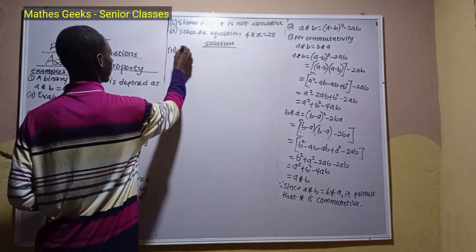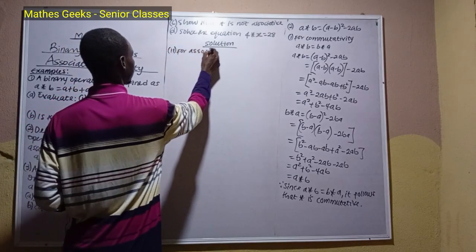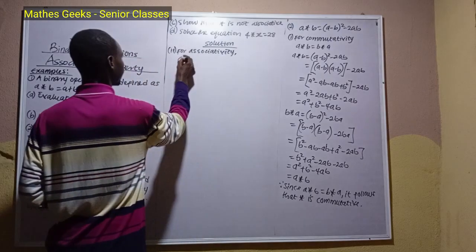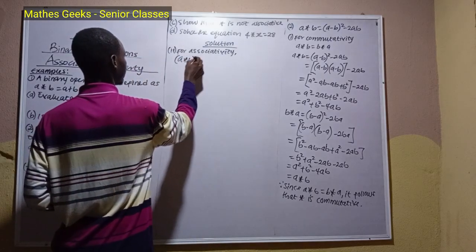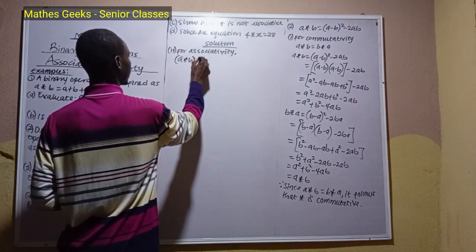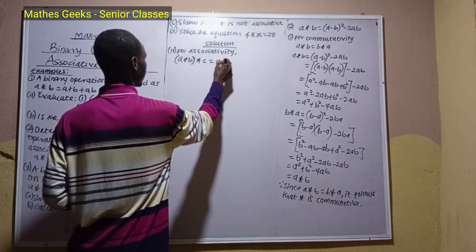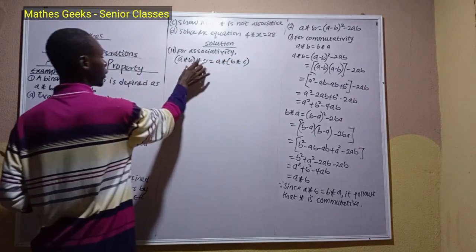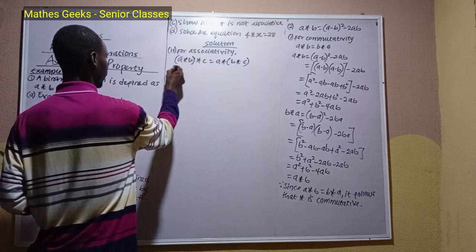Now for associativity, we want to check whether (A star B) star C is equal to A star (B star C). So let's simplify this part first.